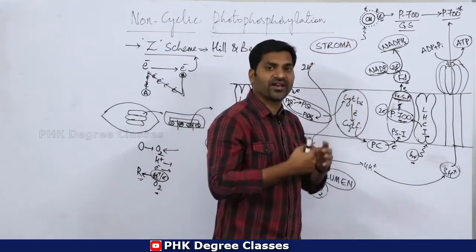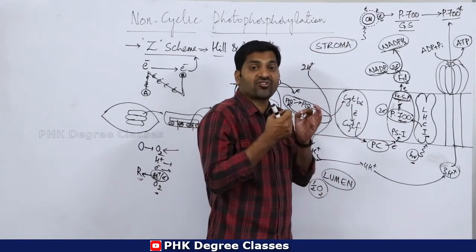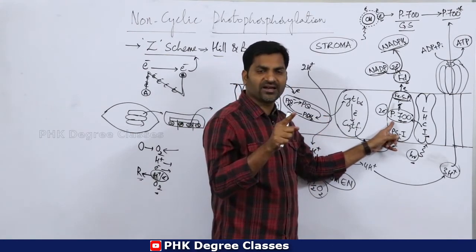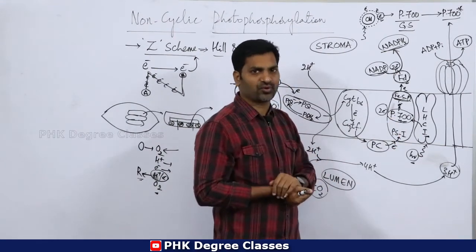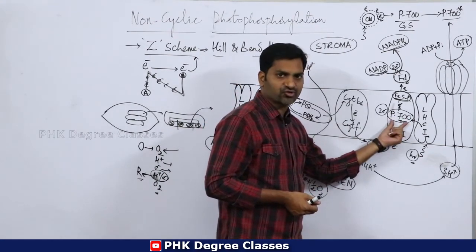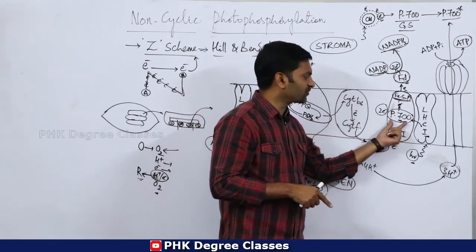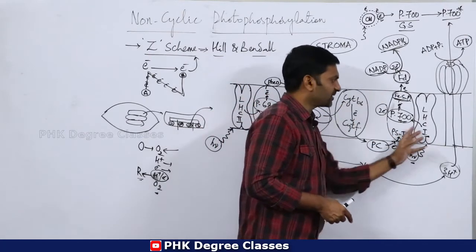If there is a loss of electrons, it becomes deficient, so it should be substituted by another system. We have to donate some electrons from somewhere.